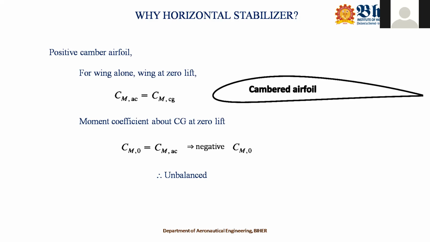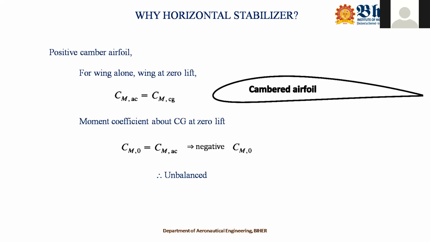So, as far as your cambered airfoil, when you just go through the airfoil data of any cambered airfoil, the coefficient of moment about the aerodynamic center will be negative. And you just keep that in mind. So now for a wing alone condition, there is no horizontal stabilizer at all. So you're just planning to maintain the longitudinal static stability just with the wings.